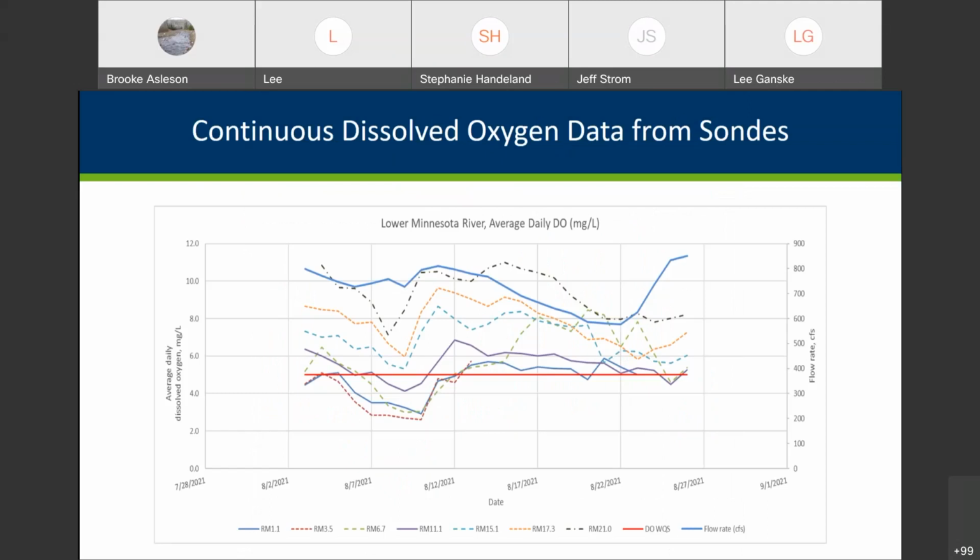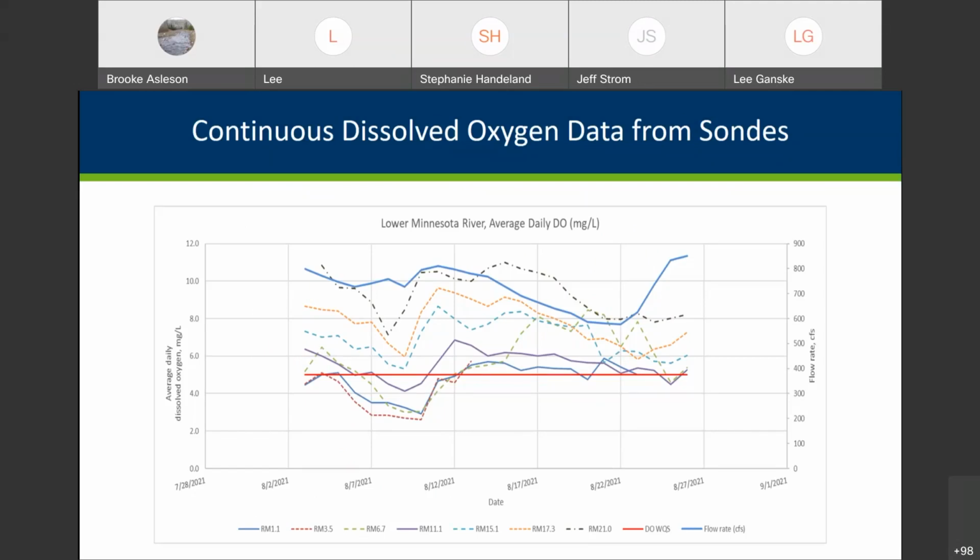So what did we get from the study overall, the 7 sondes deployed? This graphic shows the solid red line as the water quality standard, the 5 milligrams per liter. The solid blue line is the flow rate coming down the river as monitored at the gauge.